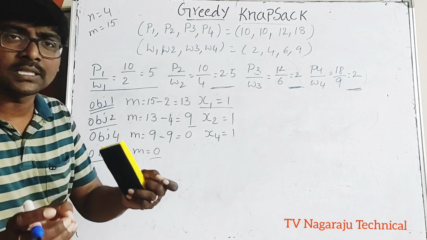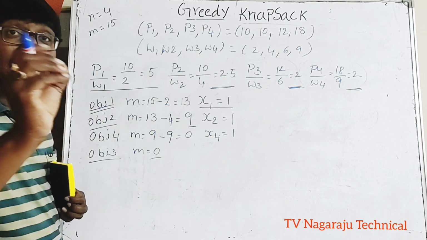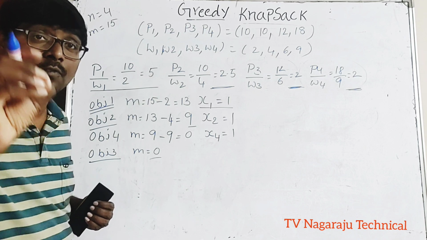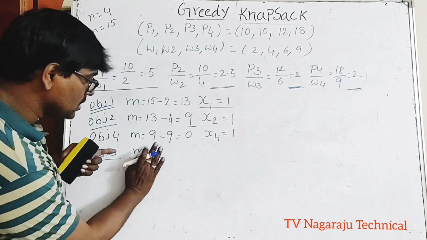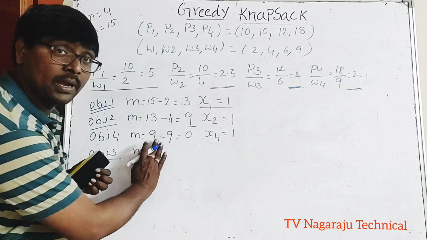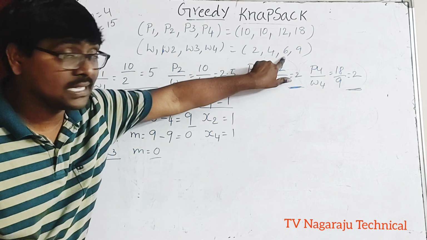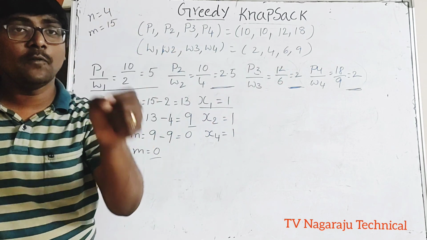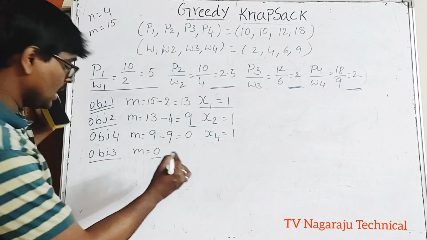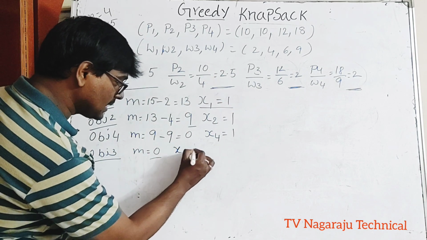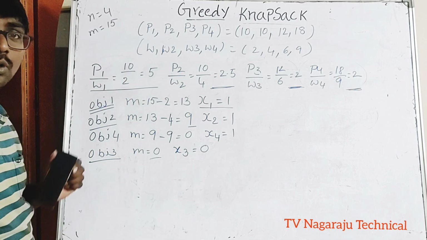There is no space, so even a fractional part of object 3 is not possible. Suppose M is equal to 1. Then it would be 1 by 6, meaning instead of placing 6 parts, I place one fraction. For my example, x3 is equal to 0.